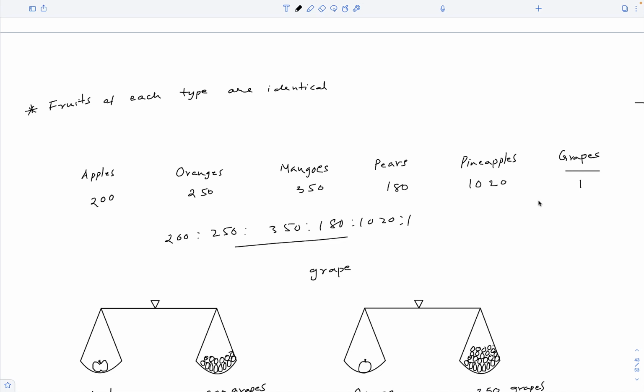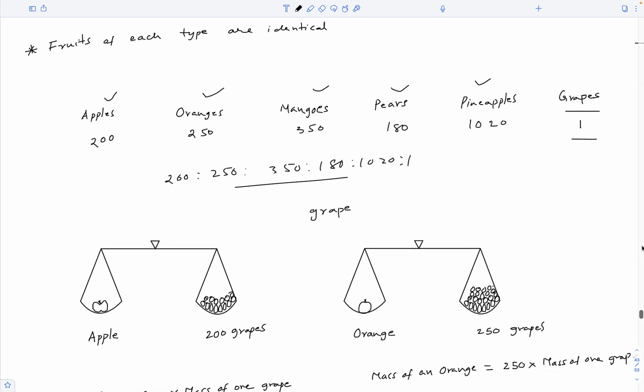Then we understood that actually the reference does not matter. Therefore, we said we can as well use the mass of a grape as a reference to determine the relative masses of different kinds of fruits.